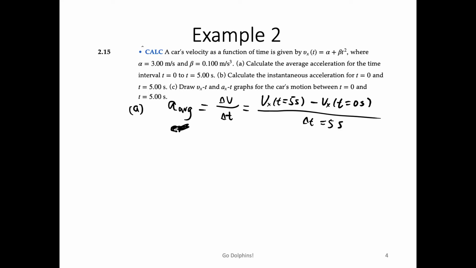Basically, we need to find v at t equals 5, which becomes a simple problem. Just replace t by 5.